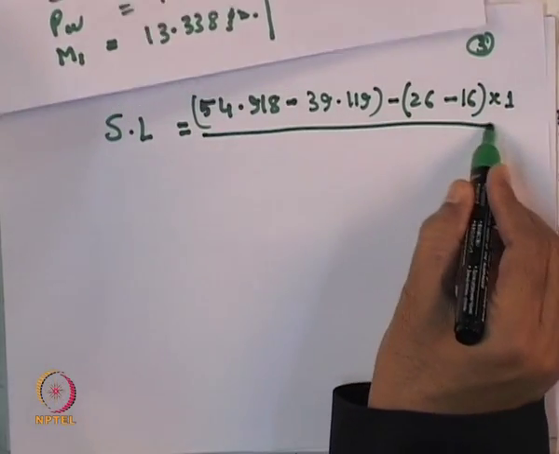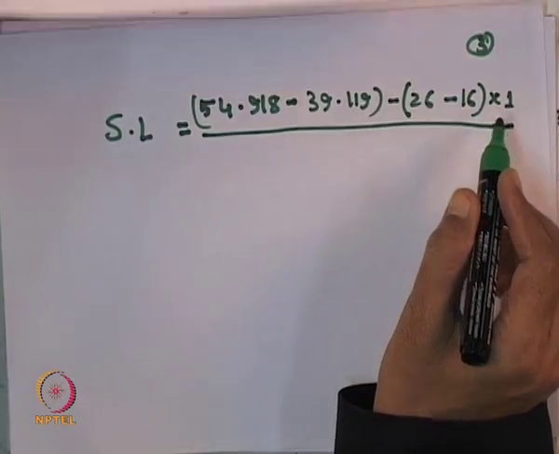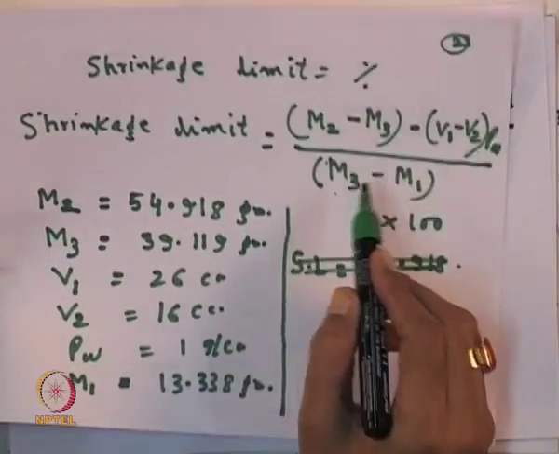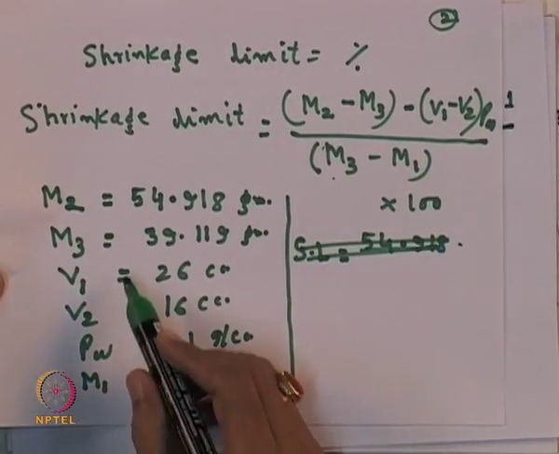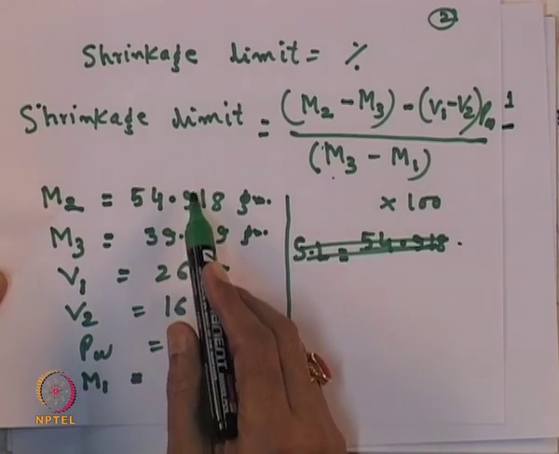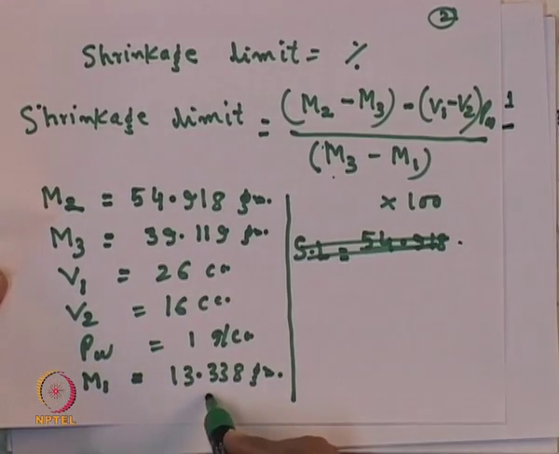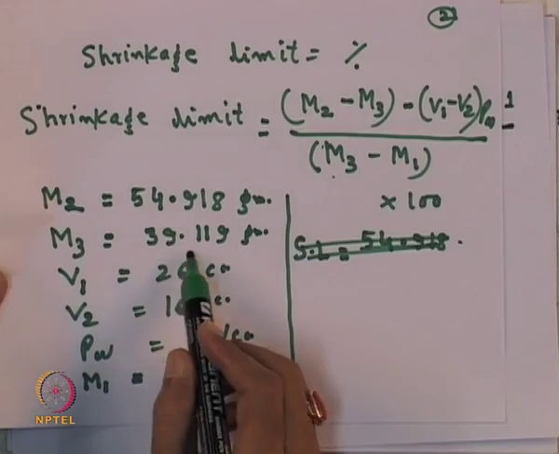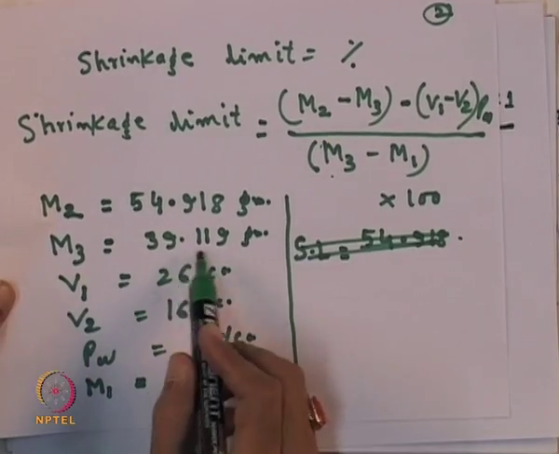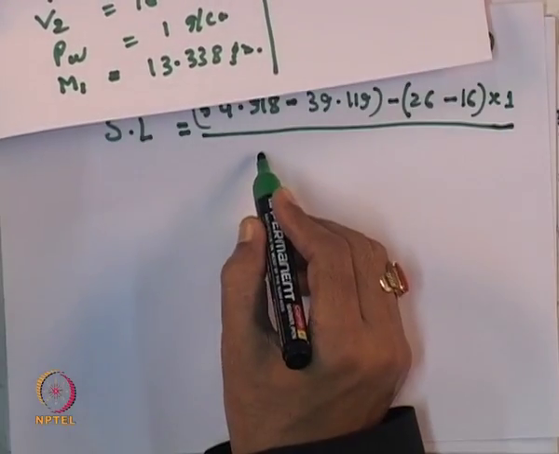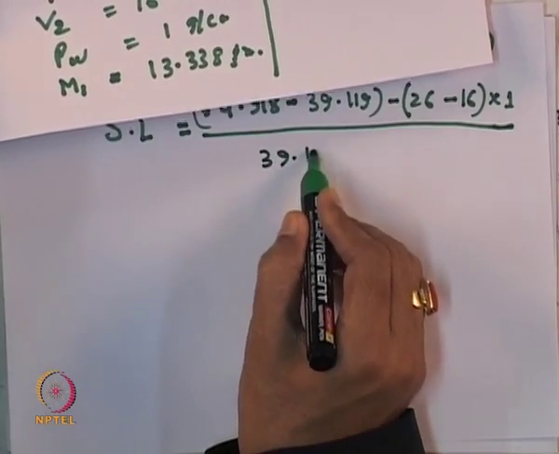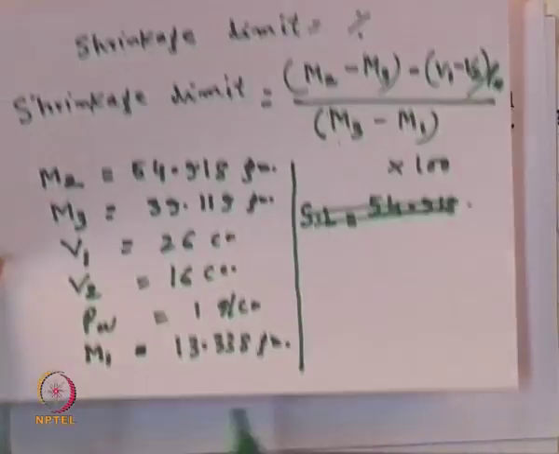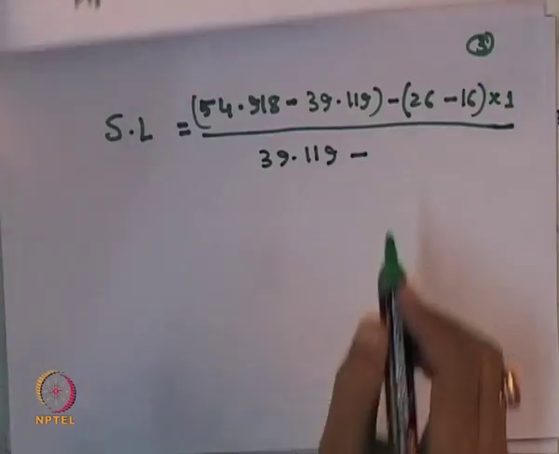This divided by M3 minus M1. M3 is 39.119, minus M1 is 13.338.